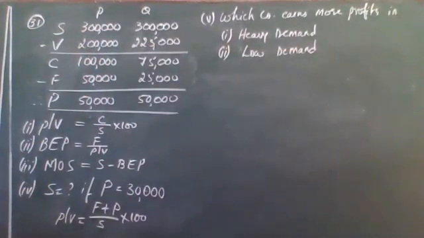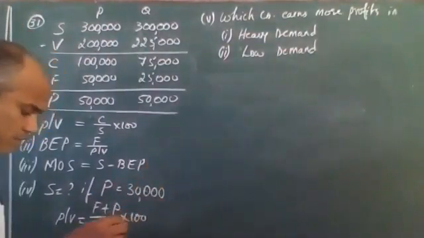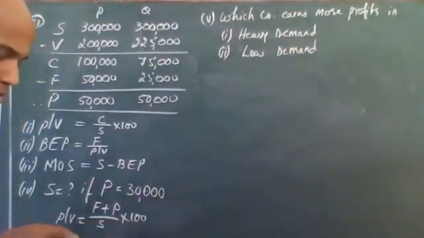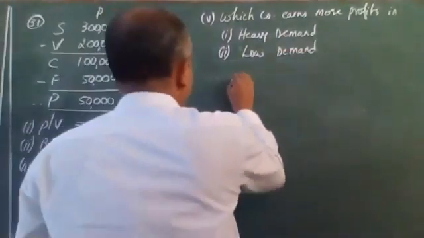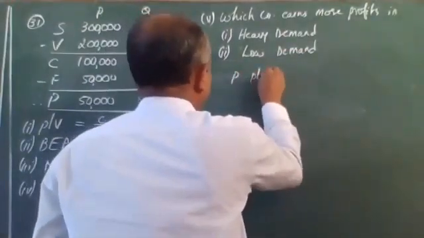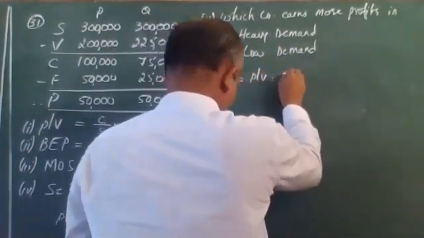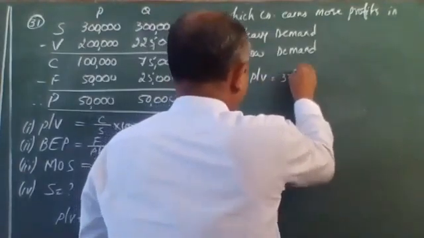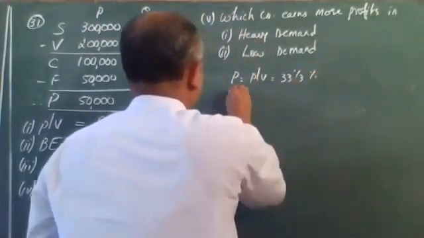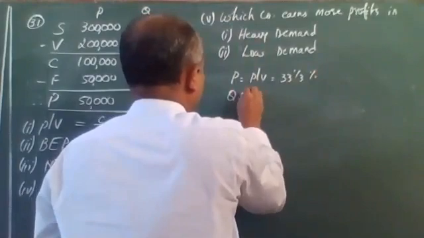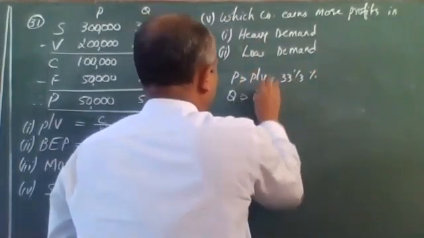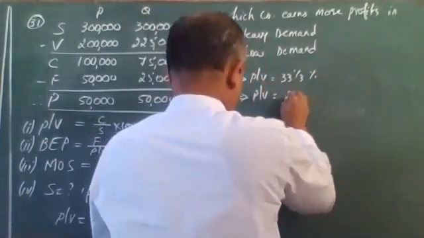If you look at the solution part, he gave the answer saying that P Limited's PV ratio is 33 1/3% and Q Limited's PV ratio is 25%.